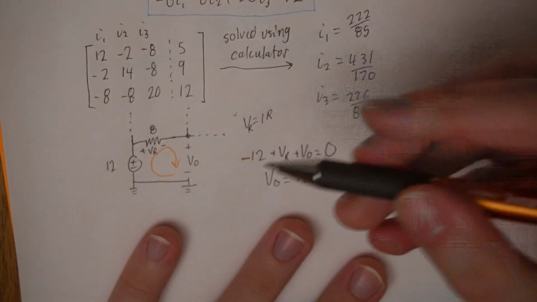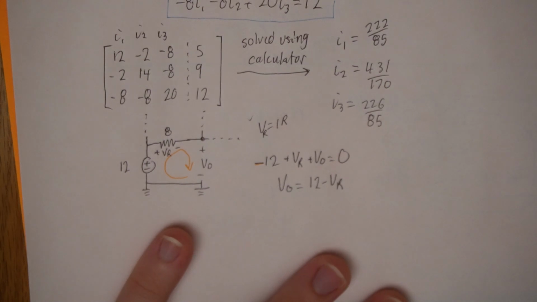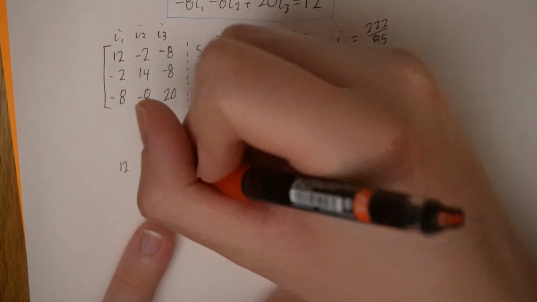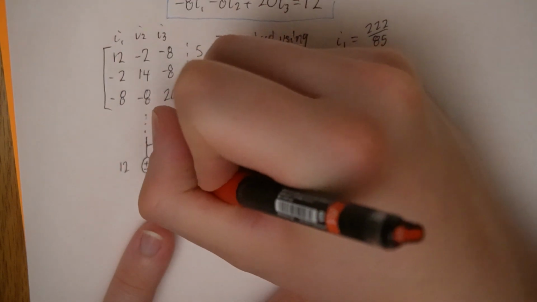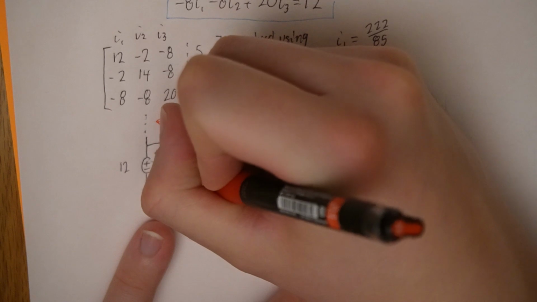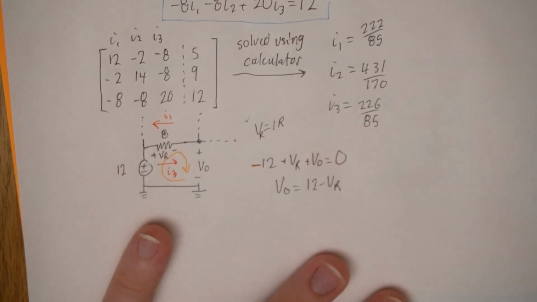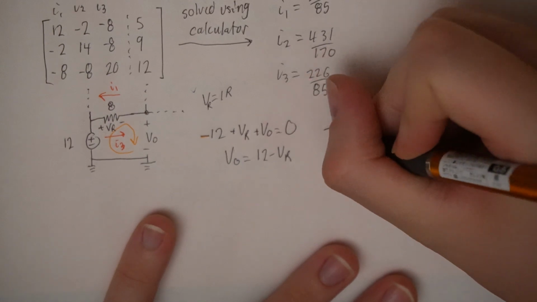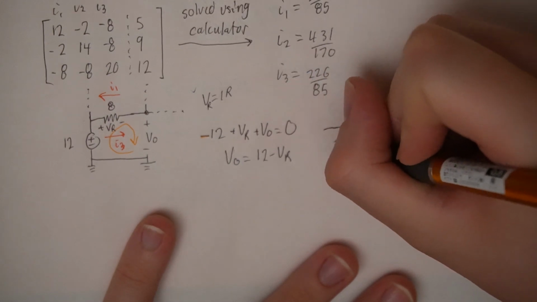Now what is VR? Through my resistor here, I have my mesh currents. So I'll have I1, I'll have I3. Just breaking out the resistor, I gave it arbitrarily the plus and minus VR.